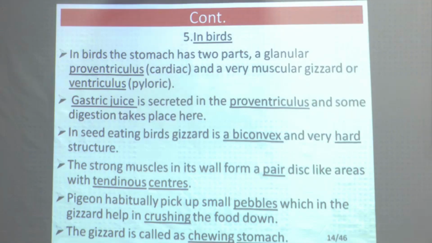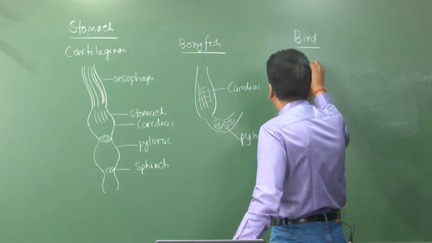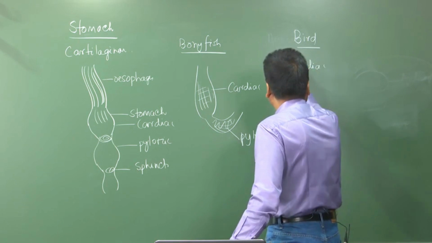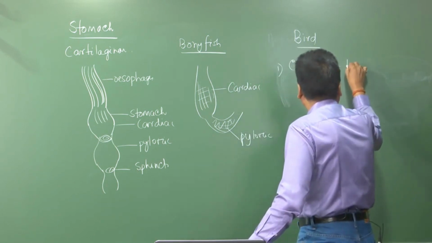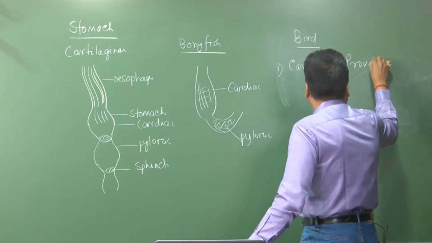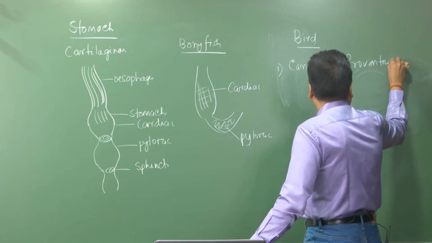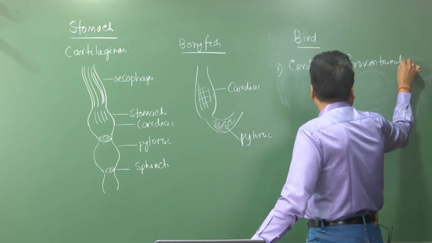The first one is the granular proventriculus, that is the cardiac part. So in the case of bird, the first part is the cardiac part, and this is known as proventriculus. You should remember, dear student, proventriculus.